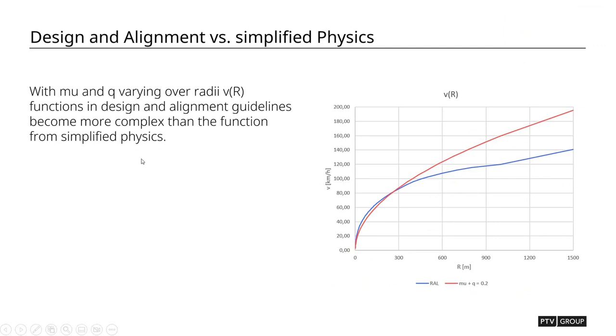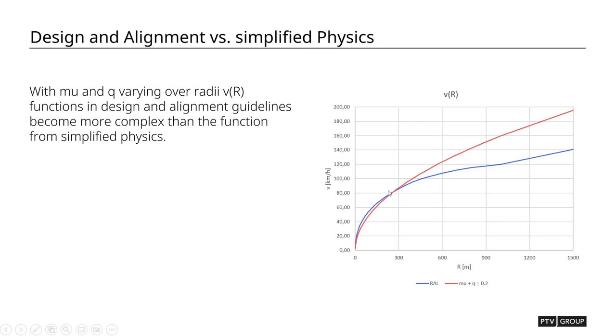And if you compare these functions, speed depending on radius, the simple physics picture, so that's friction plus cross slope is 0.2, which is a careful approach, including all safety factors really, with what you find in the guidelines.